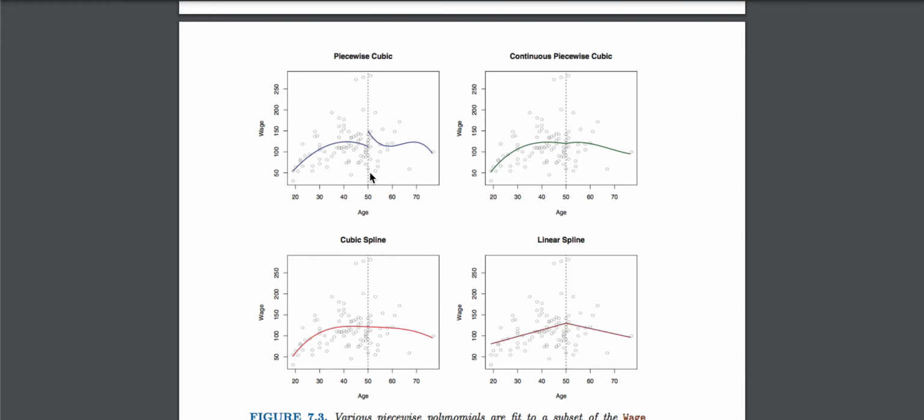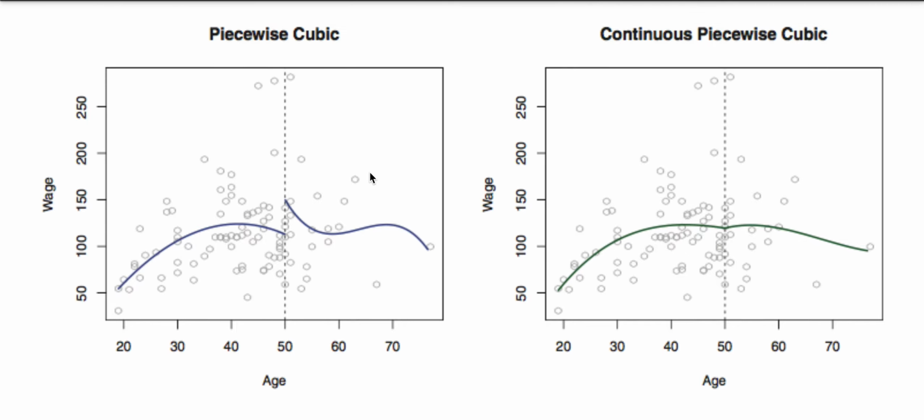Now, what is the problem here? What is the problem we see here?